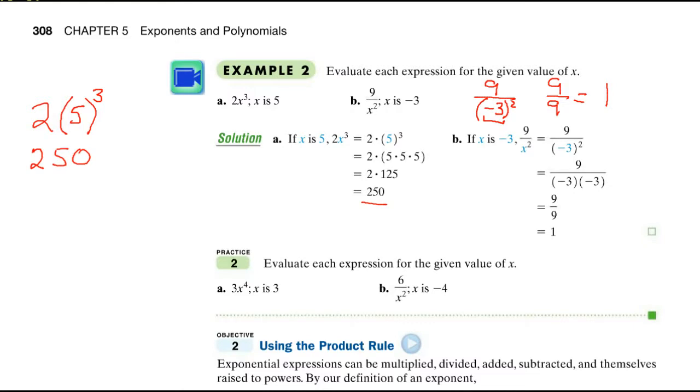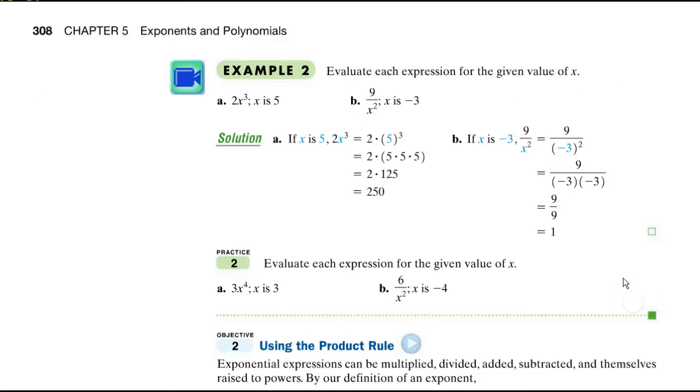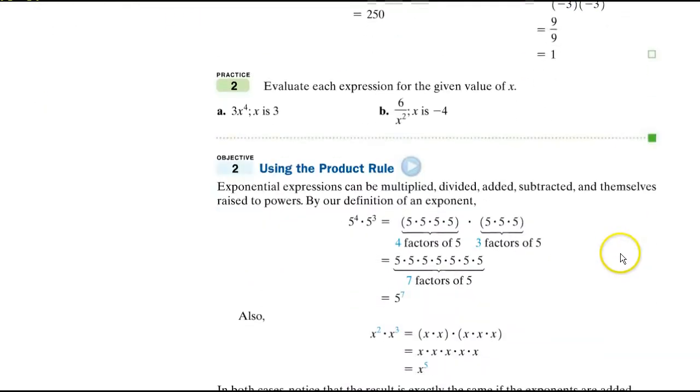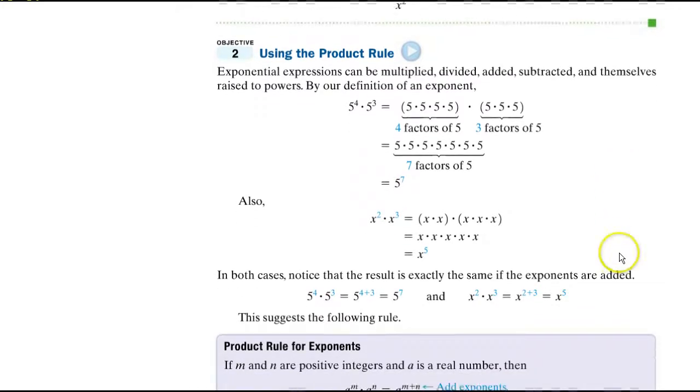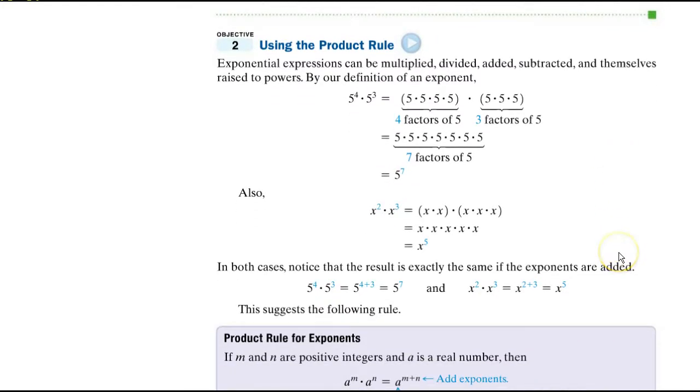Okay, now there's some other rules that we'll be looking at. There's the product rule, that if we are multiplying where our base is the same, the rule for doing this is that there's 4 of these, there's 3 of those.